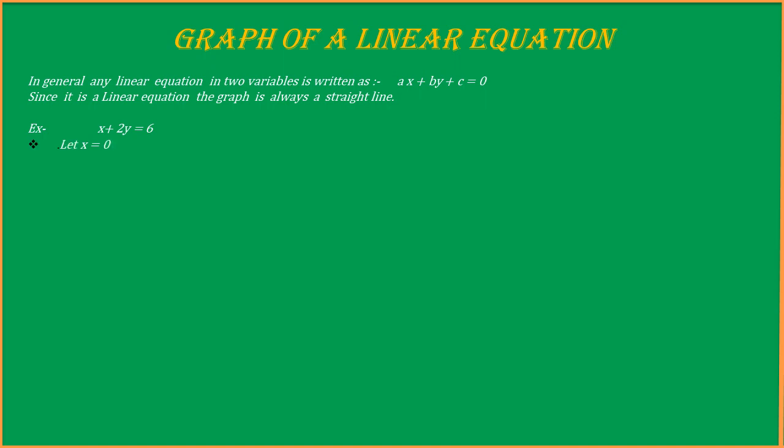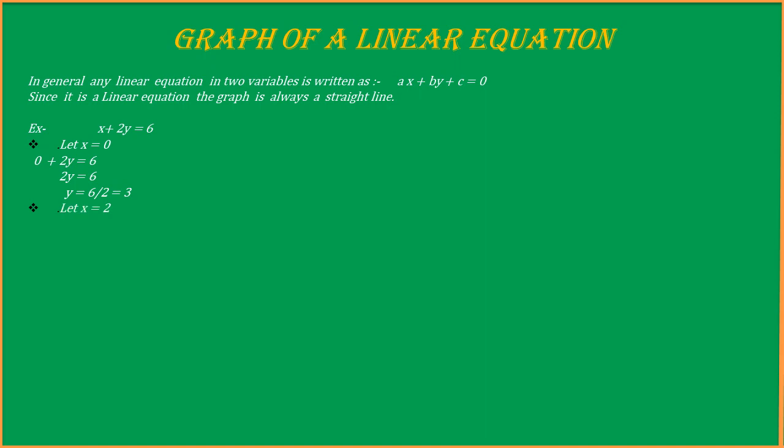Suppose we take x = 0. Put this in the given equation: 0 + 2y = 6, 2y = 6, so y is 3. So when x = 0, the value of y is 3.